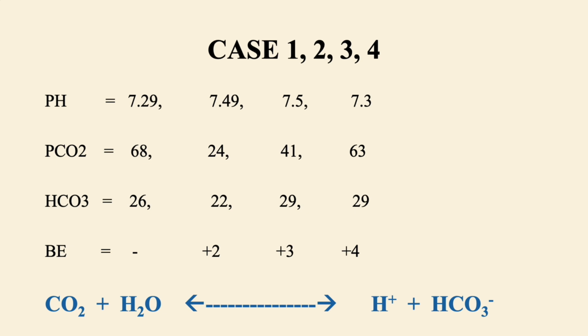Now again you are going to do the same thing. 40 minus 24, okay, let's say 20. 40 minus 20 is 20, so it has fallen by 20. So if 10 equals 2, because it's respiratory alkalosis and it's an acute case, then 20 equals how much? 20 times 2 is 40, divided by 10 is 4. So your bicarb should decrease by 4 in order to compensate. So take 24 minus 4, which is 20.